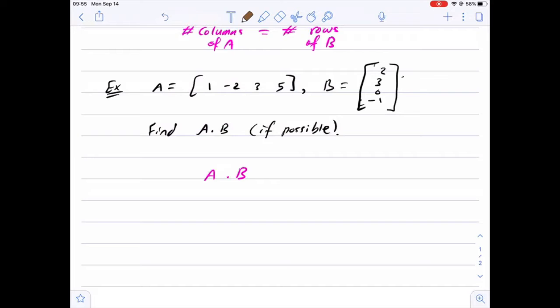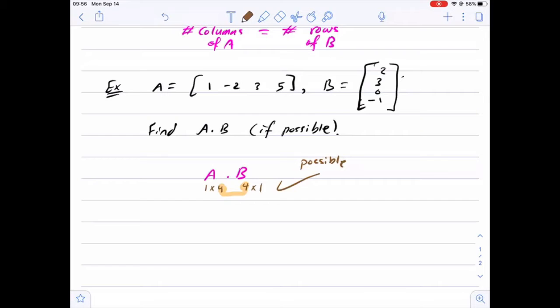What is the order of the matrix A? The order of the matrix A is 1 row by 4 columns. And what is the order of B? B has 4 rows and 1 column, so it's 4 by 1. And now we look at the number of columns of the first matrix and the number of rows of the second matrix. The inner numbers are the same, so yes, it's possible.